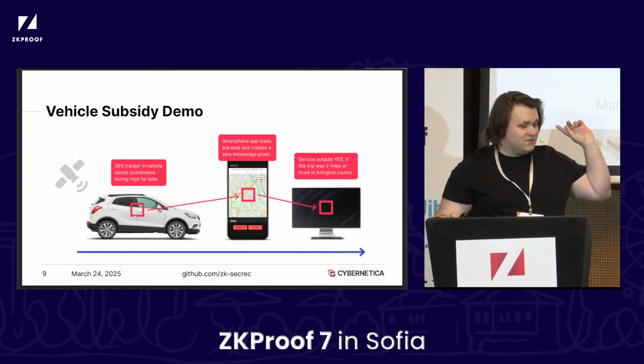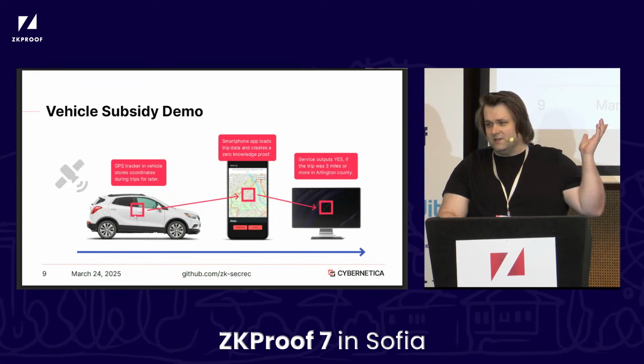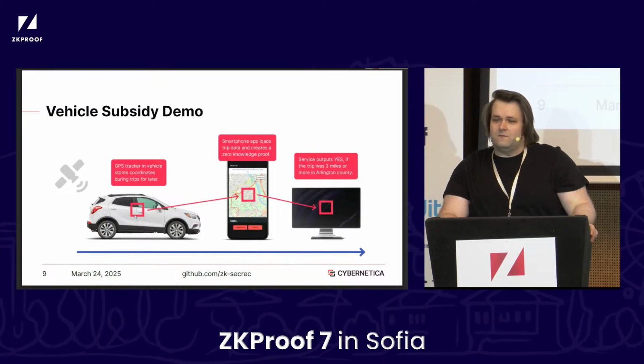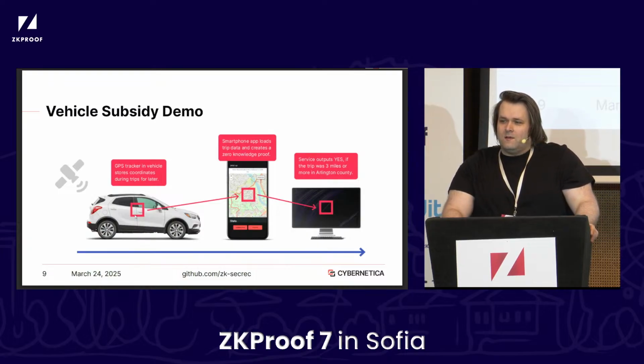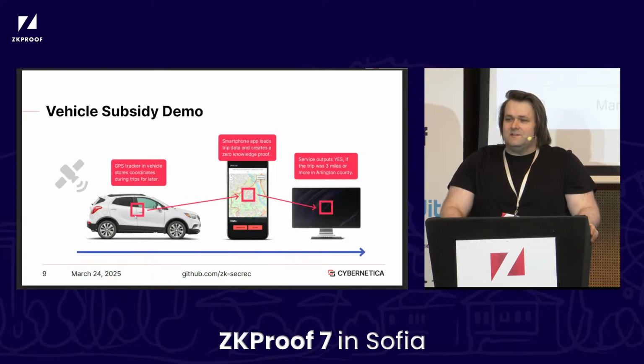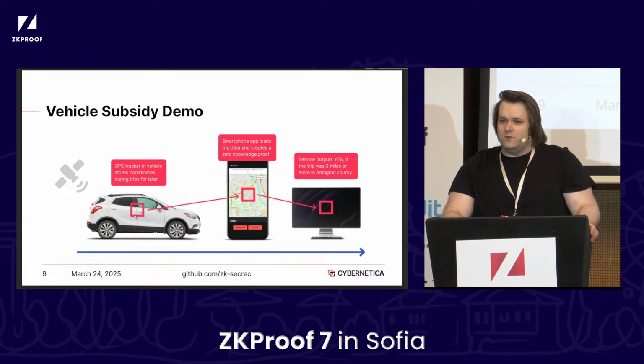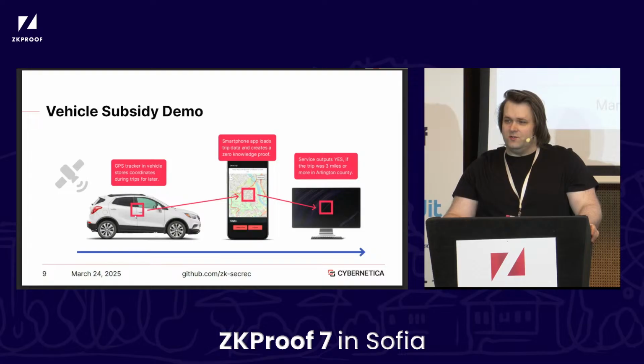This is the overall setup where we have this GPS tracker, so it receives coordinates to the car. The car logs the coordinates and signs them, and then the user will be able to download the coordinates from the car to their phone, and then on the phone itself run the zero-knowledge proof with the verifying server.